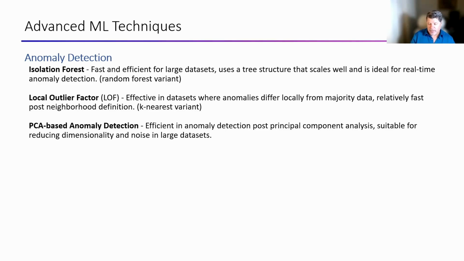You're looking for the maximum difference between the original value and the new value, and that points out your anomaly. So each one of these can be much better at finding true anomalies and true deviations than the standard statistical regression model.